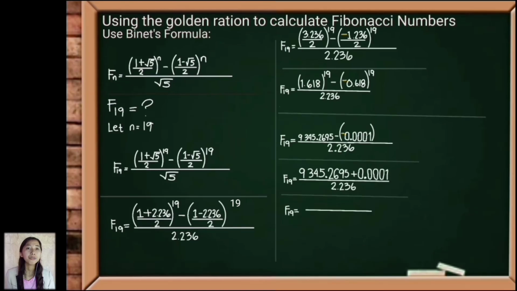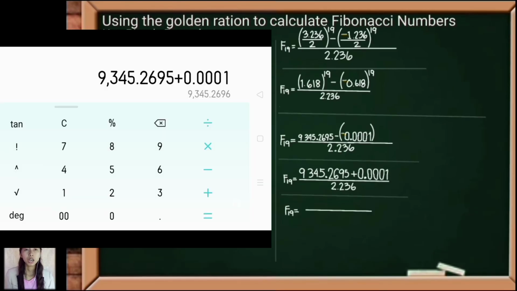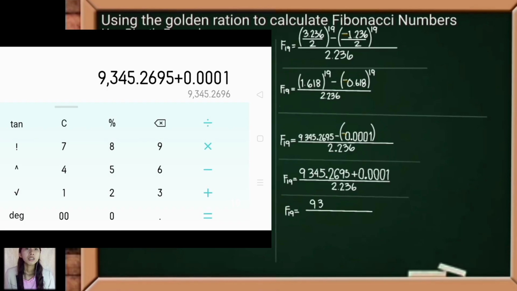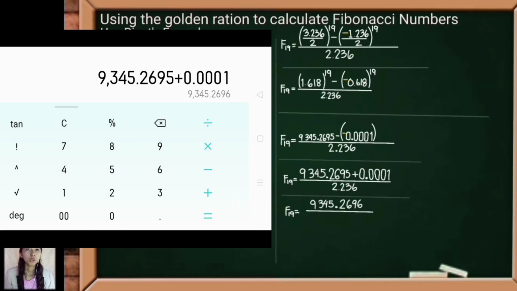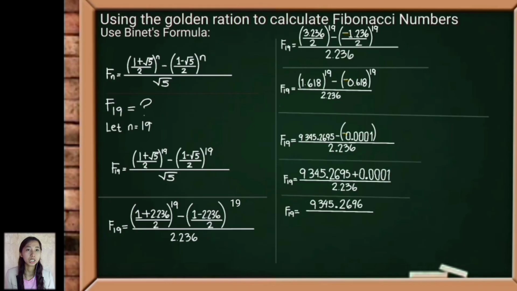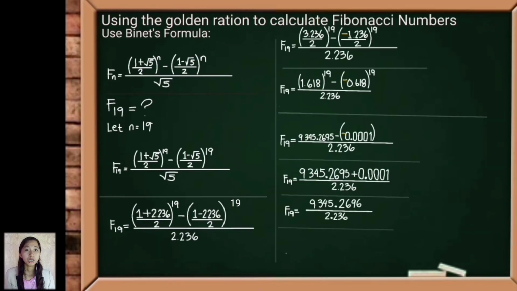Simplify. F19 equals 9,345.2695 plus 0.0001. Use your calculator. The answer would be 9,345.2696 all over 2.236.